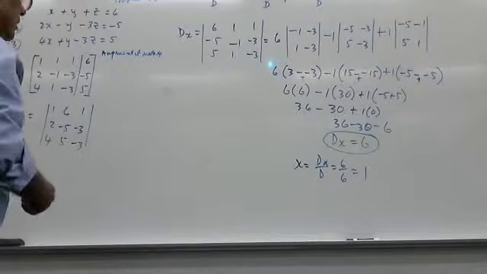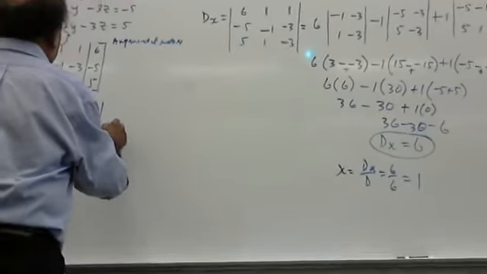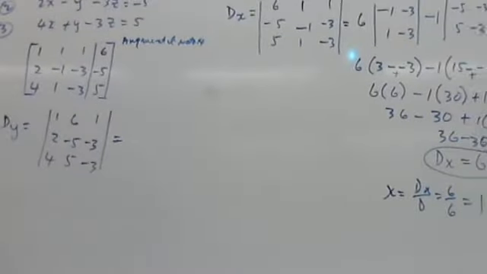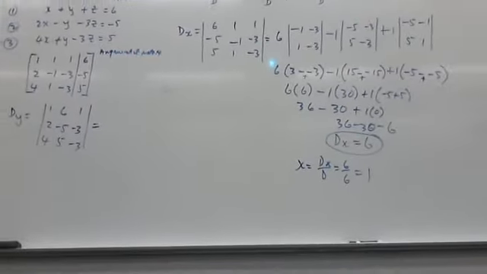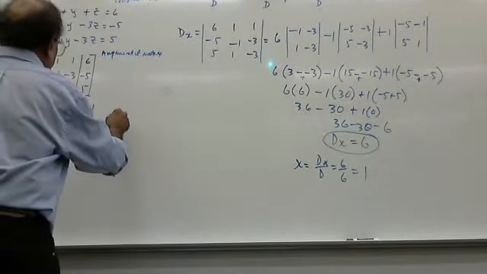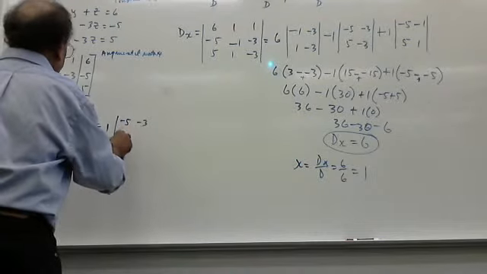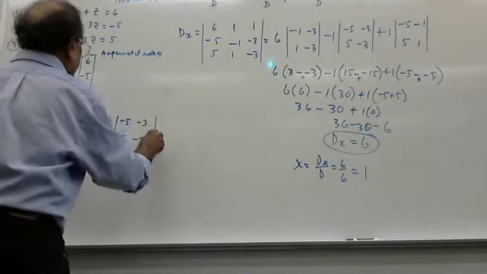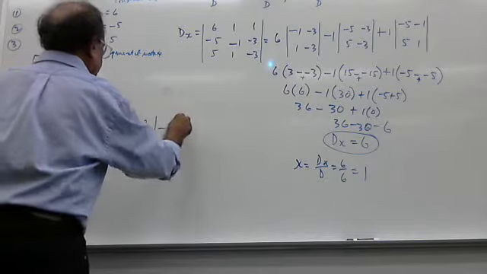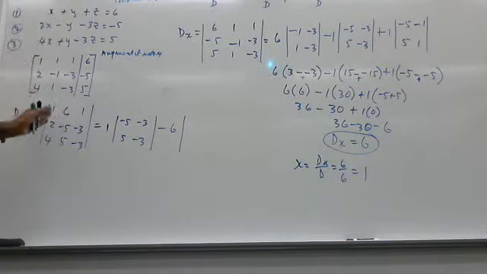And then, if we repeat the process here, we will get here, will give us 1 times minus 5 and minus 3, 5 and minus 3. This is going to be minus 6. The way we get 6 here is because, remember, we replace the coefficient of y by the constant column.